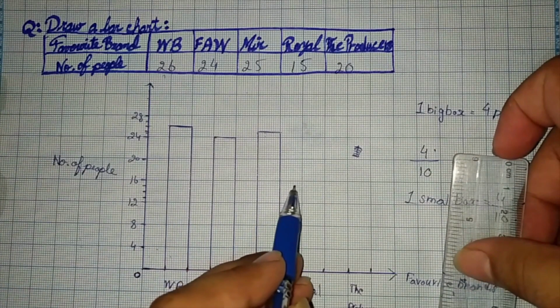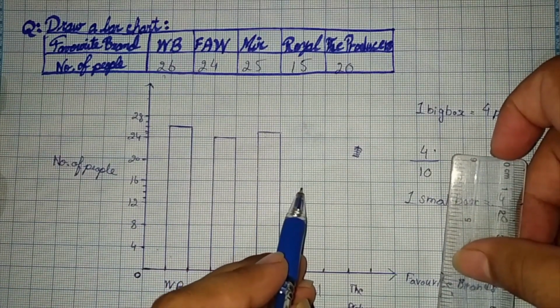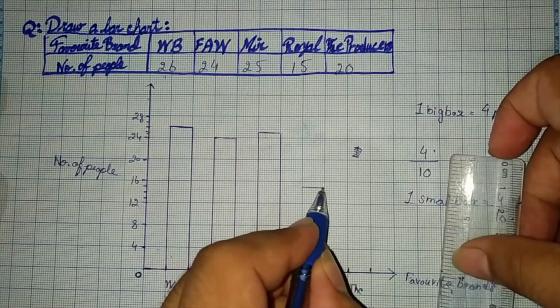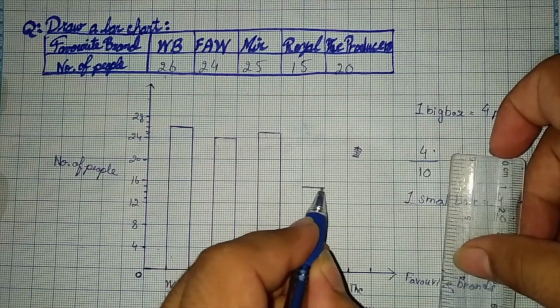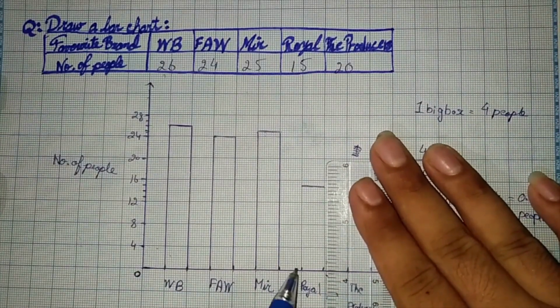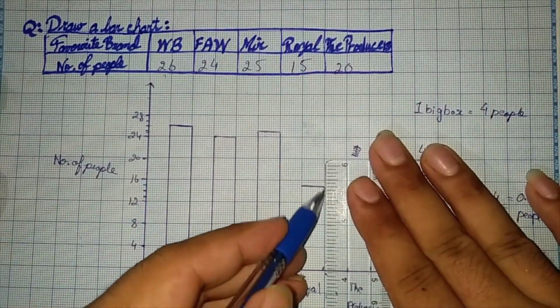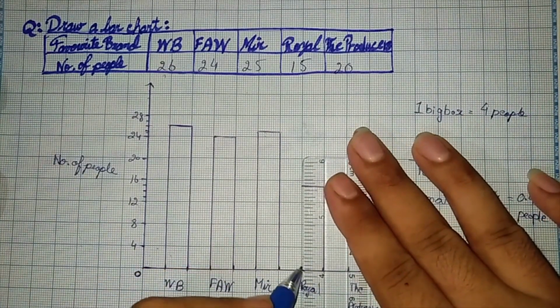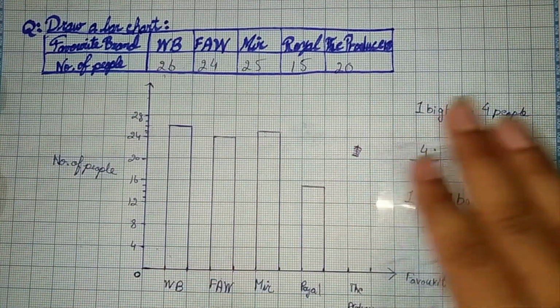So it is just like here. Clear? So that is the height which will represent 15 people. So that we have the bar of the Royal brand.